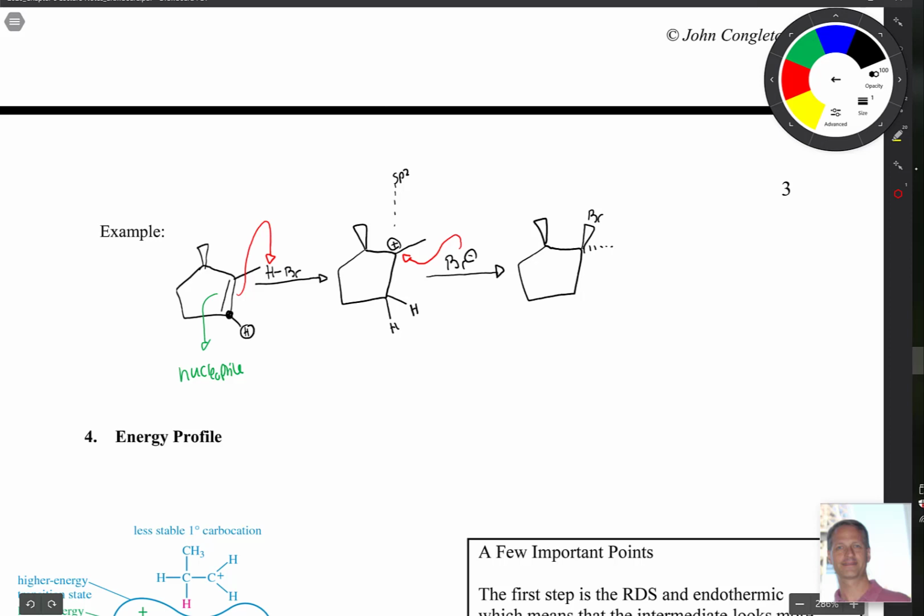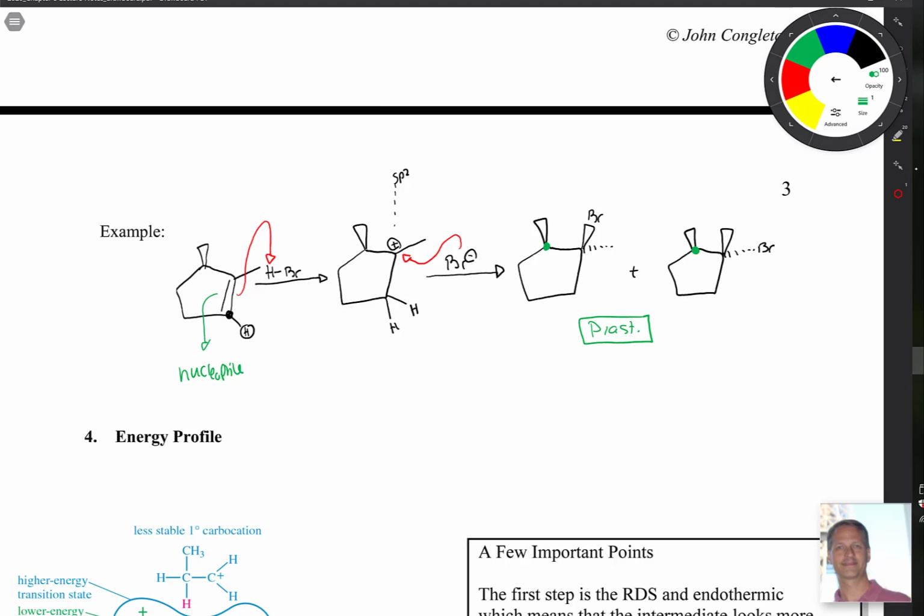If we move around the back and get the back p lobe, then the bromide would attack from the back and the bromine would be on the dash. So you get a mixture of stereoisomers. Quick question, what's the relationship between these two? In this case, they're diastereomers of each other. Notice also, it's an important point, somewhat obvious after you've done it a while, that the carbon atom that has a chiral center is not going to change at all.